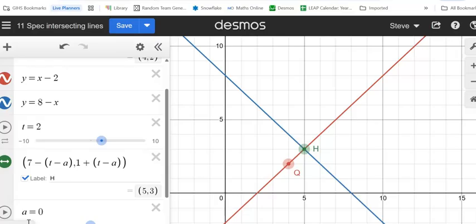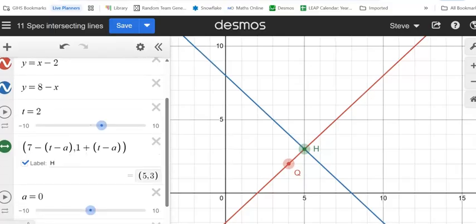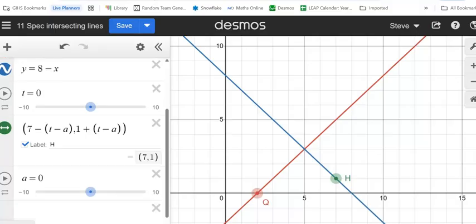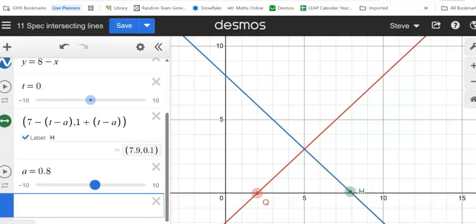So what I can do is, if I were to introduce the a parameter, which we see here, at the moment a is equal to 0. Let me reset t back to 0 as well, and if I now make a equal to 1, which means the second object has now moved back. It was at 7, 1.